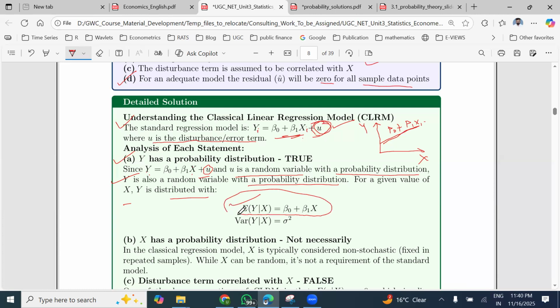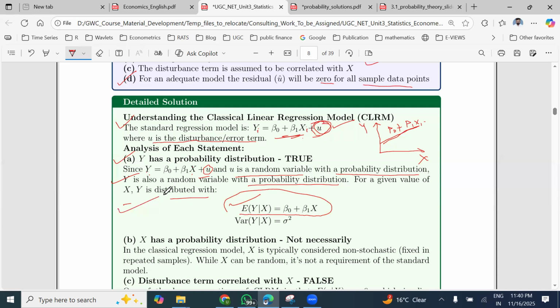This is the regression line which you are estimating. That is why this sentence is true. Clear, Sangeeta? Yeah. Why is this sentence true?